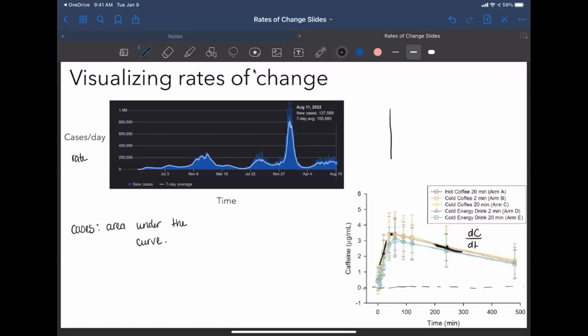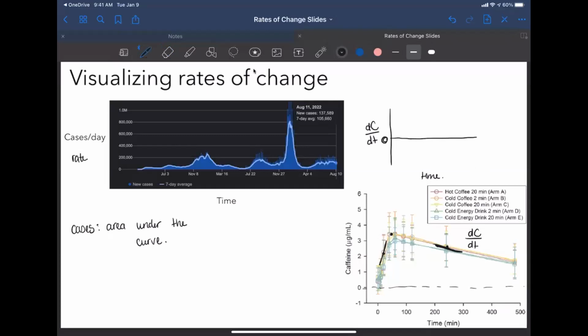So if we were to plot time over here and plot the rate dC/dt, where this line here is 0, I'll go ahead and erase this line here, so you know that those are the axes. Up until some point, it's going to be positive, but it's decreasing.